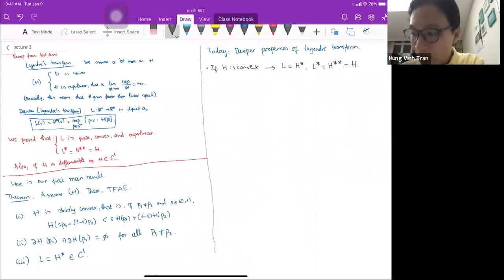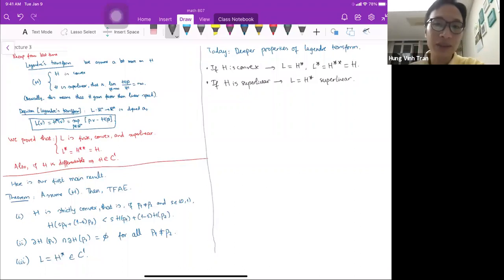Again, if you check back the proof, we didn't need to use the superlinearity of the Hamiltonian there. This one works for any kind of duality. And then if in addition H is superlinear, then you would also have that L, which is H star, is also superlinear. The finite property is hidden here. When I write superlinear, I just mean that it's finite already here.